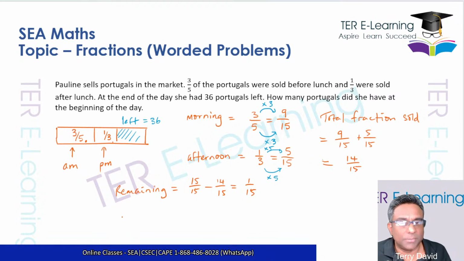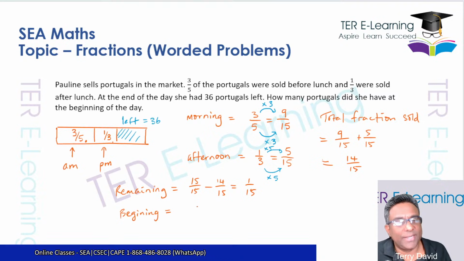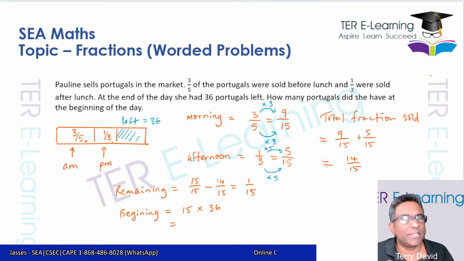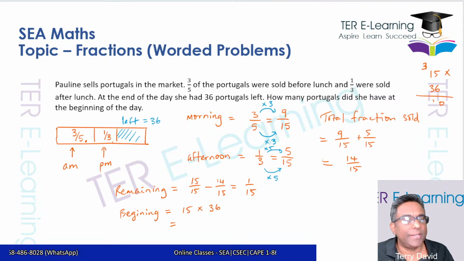So for the beginning, all we need to do is invert the 1 over 15. So that's 15 multiplied by 36. So this is all I need to work out, 15 by 36. 6 5s are 30, 1 6 is 6 and 3 is 9.